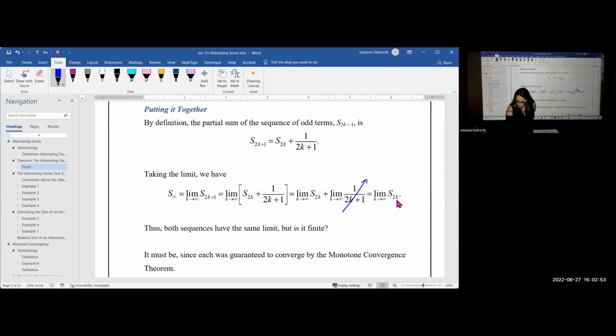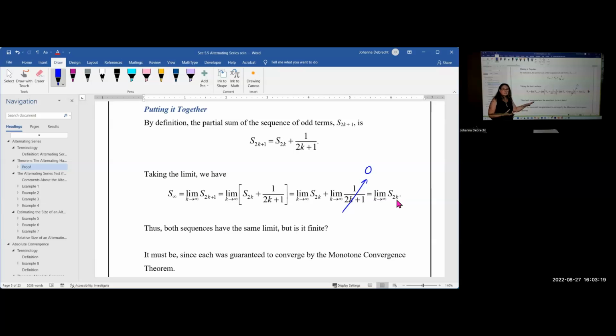So I have right here that this part goes to 0, which must mean that I have the limit as k goes to infinity of S sub 2k plus 1 equal to the limit as k goes to infinity of S sub 2k, equal to one another. And they have to be, of course, the value of the infinite series, S infinity.